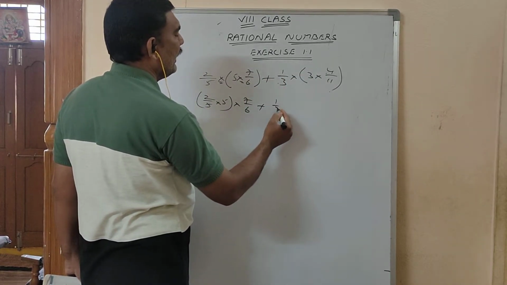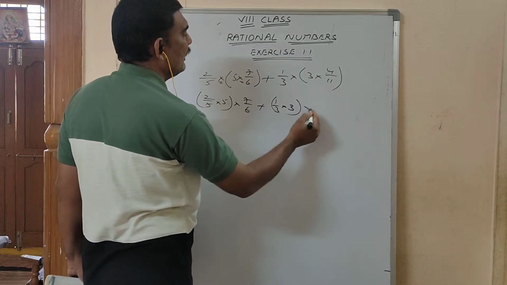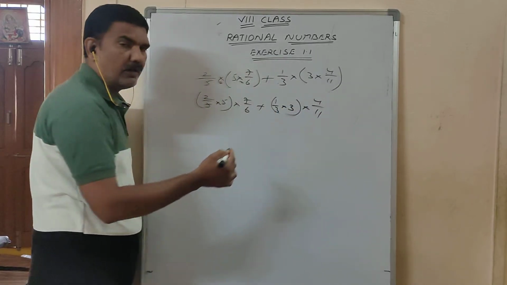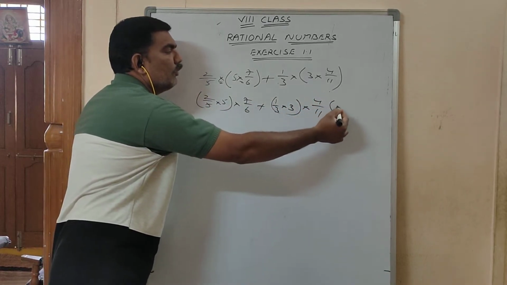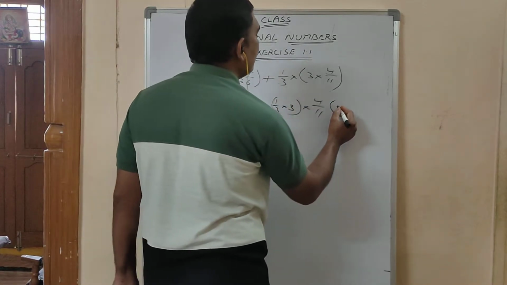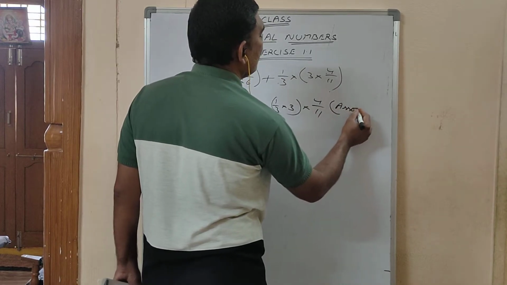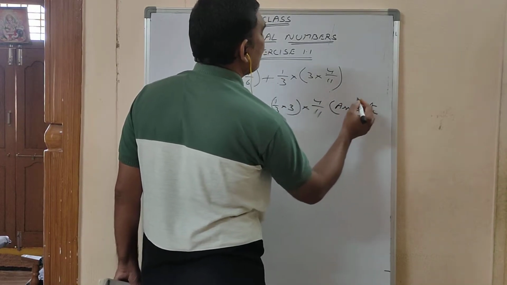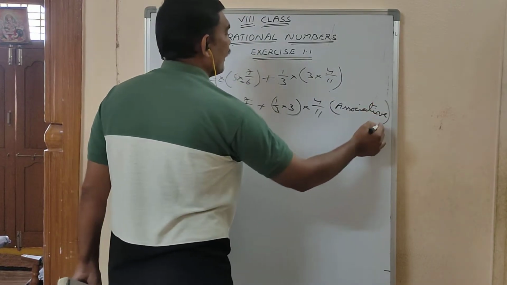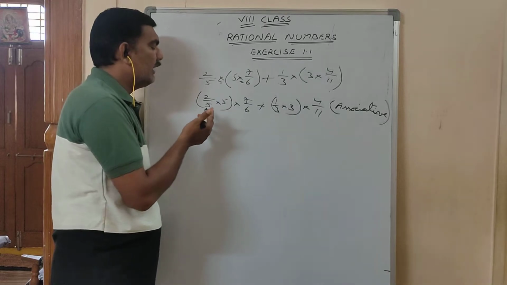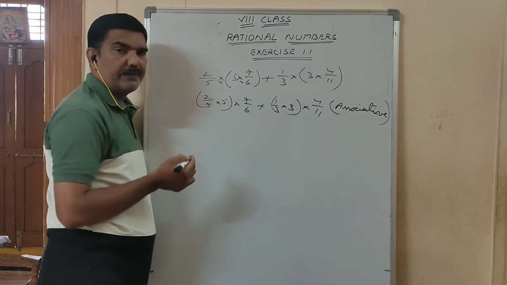What do I have to do? A into B into C. Can you do it or not? Now what you have to write is associative property. This is a very important one because he did not ask simply to simplify. Associative property, we use this one. Now here 2 by 5 and 5.